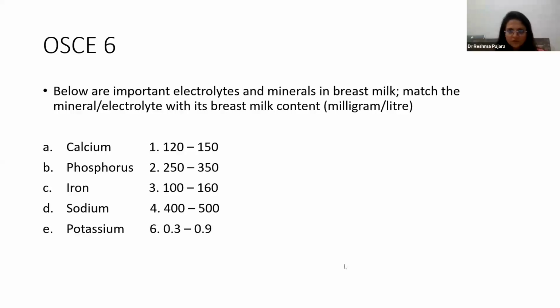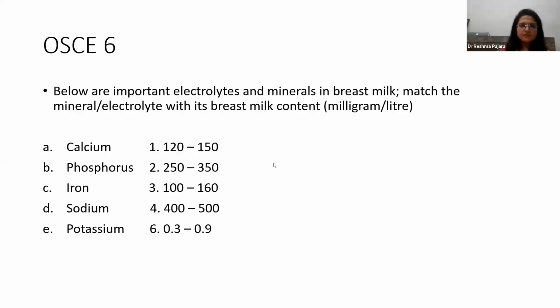Ashwini saying A2, C6. C6 is right. A2, calcium is also right. Nobody wants to attempt for potassium. Whichever is left is potassium. E3. Okay, fine.